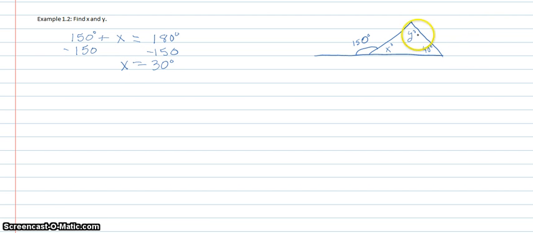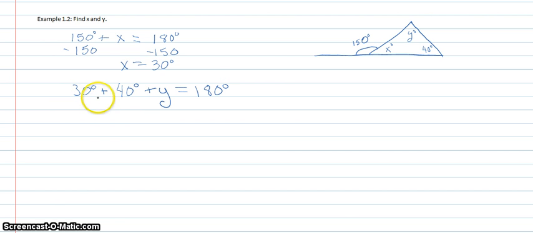Now I still need to find out what y is, and this here is a triangle. So we know that when I add all three of those angles together, I should get 180 degrees. So I'm going to add my x value, 30 degrees, and the 40 degrees is already given to us, and I have to add the y, and this is going to be equal to 180 degrees.